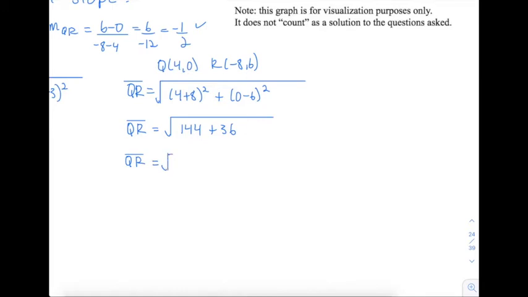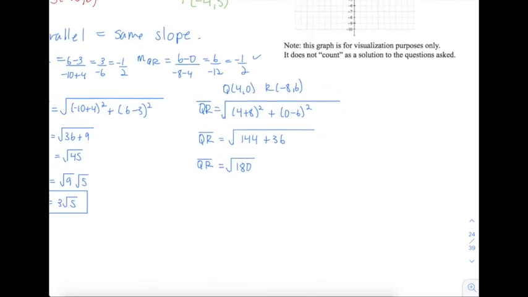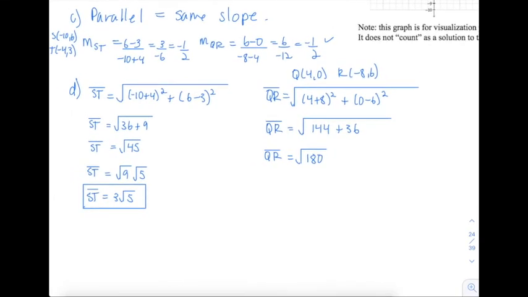Okay, let me show you what happens sometimes at this stage. So we get to root 180, and students want to show they know what they're being asked to do. They know that if I take half of QR, that should be equal to ST.